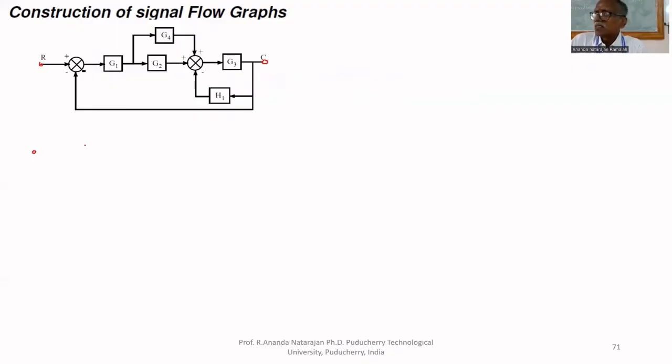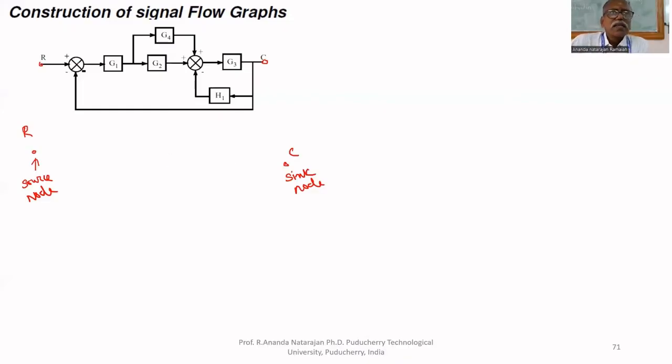Node means junction, but it is loosely named; even if two elements are meeting, we call it a node. So here, R is one node and C is another node. This is called the source node, and this C is called the sink node. Starting node is called the source node. End node is called the sink node.